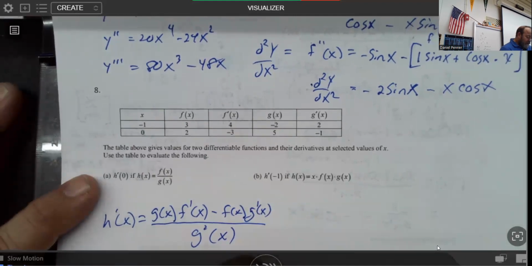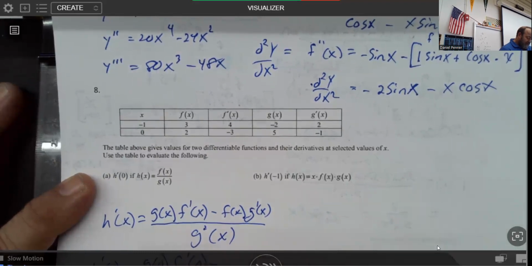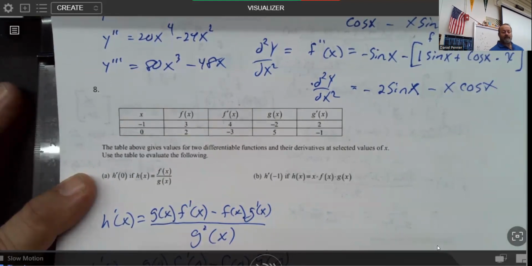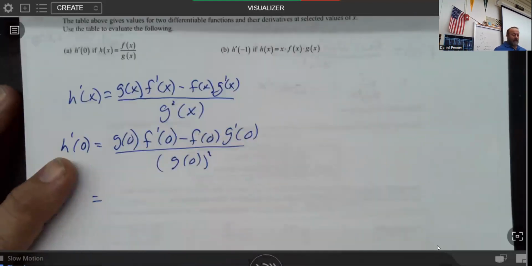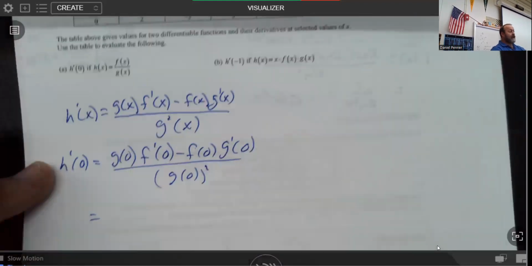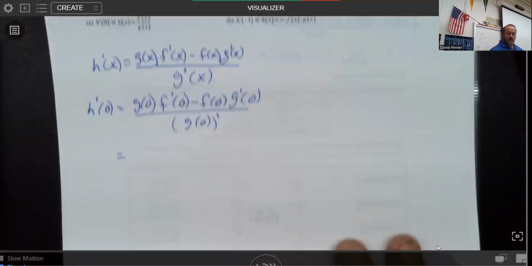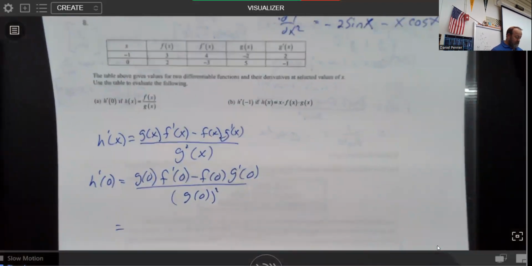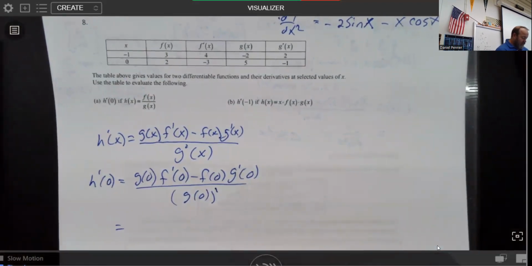So if that's true and I wanted to find h prime of 0, then that would be g of 0, f prime of 0, minus f of 0, g prime of 0, all over g of 0 squared. Boy, that's a lot of stuff. And now what we need to do is go back into this original thing. There we go. I wanted to see it. And we're just going to take one piece at a time.